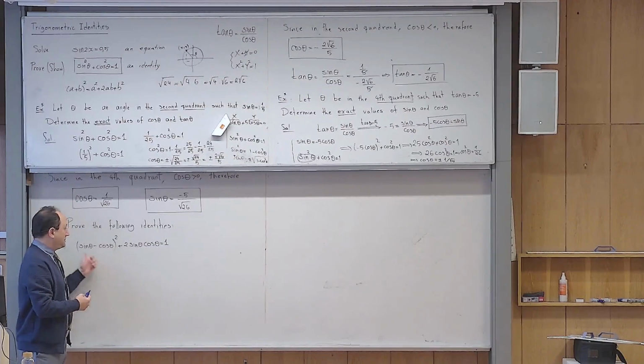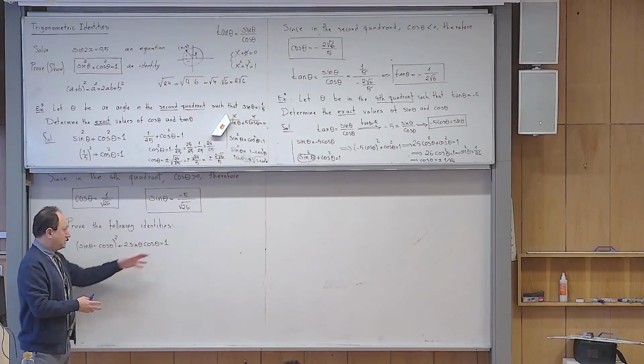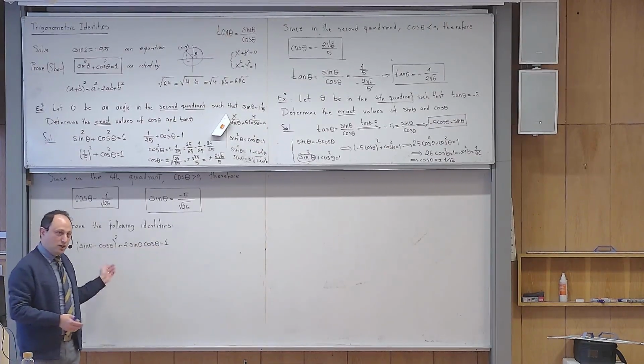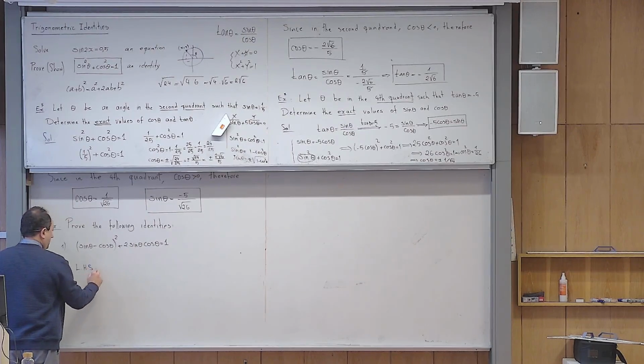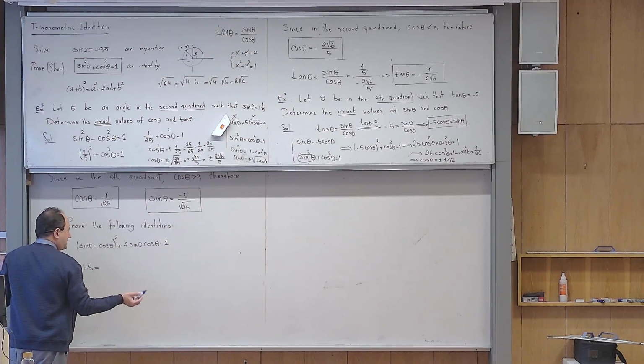For our brain, it is easier to simplify things rather than to make things complicated. So it's better to start from the place that is more complicated and little by little reach the other side. Here, hopefully you agree with me that the left-hand side is more complicated.